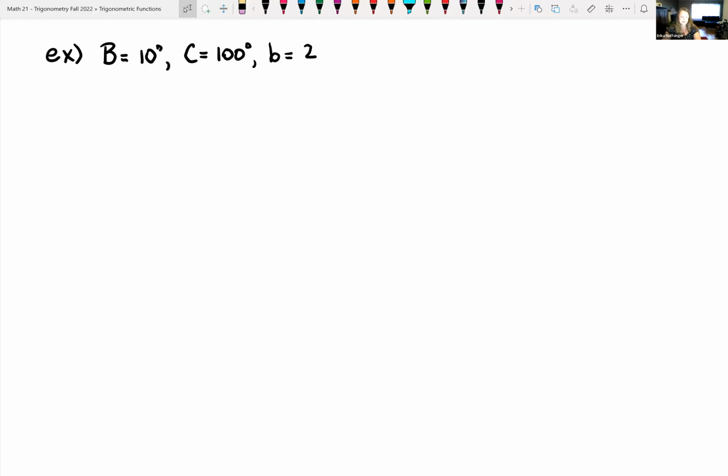So the example in front of us is angle B is equal to 10 degrees, angle C is equal to 100 degrees, and side B is equal to 2. So notice I have an angle B and I have a side B. So I'm going to use the law of sines.